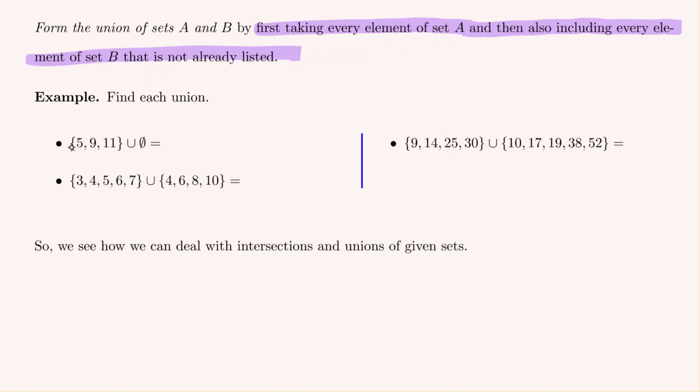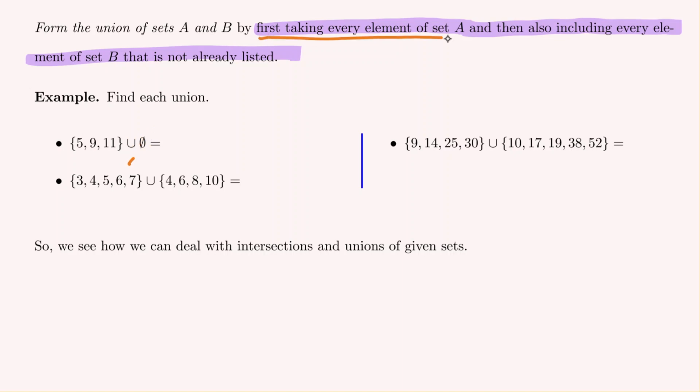So if I'm asked to find this, think about how you'd read that left to right. Braces tell me I should say the set whose elements are 5, 9, and 11, union with the empty set. Well, I know how to find unions.